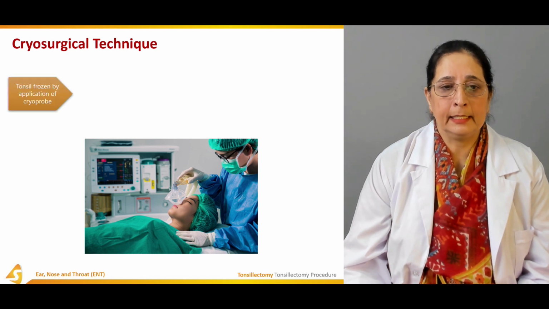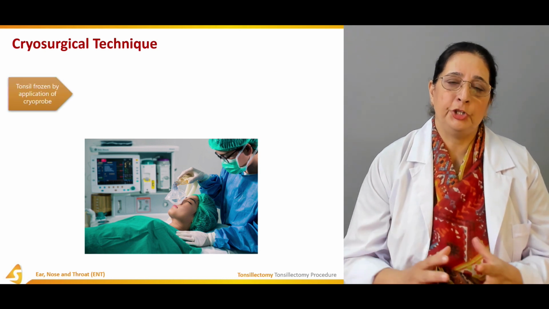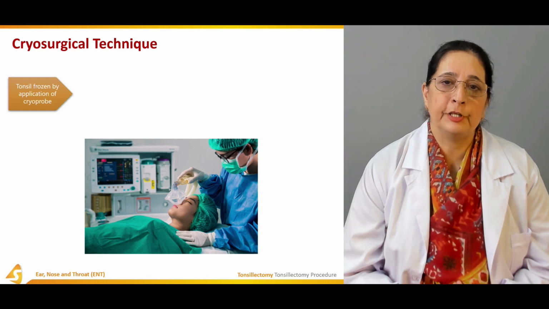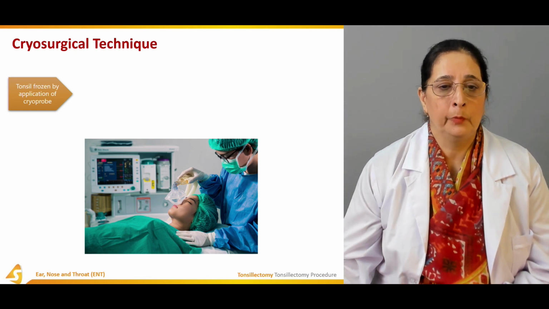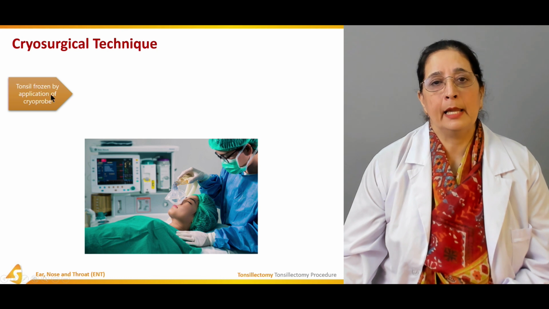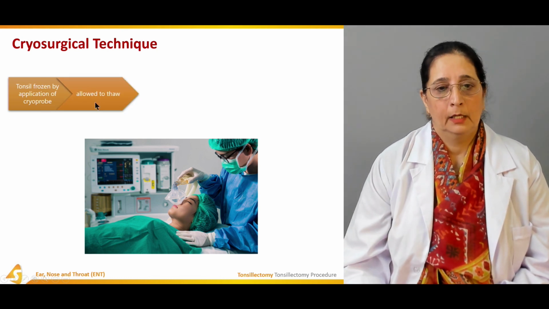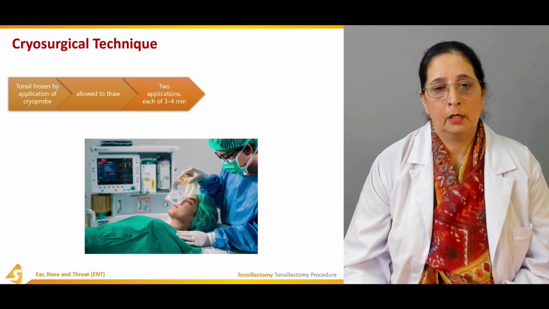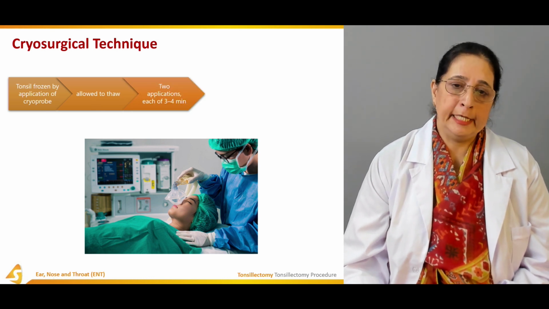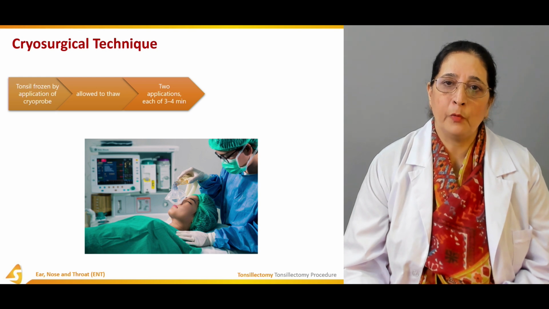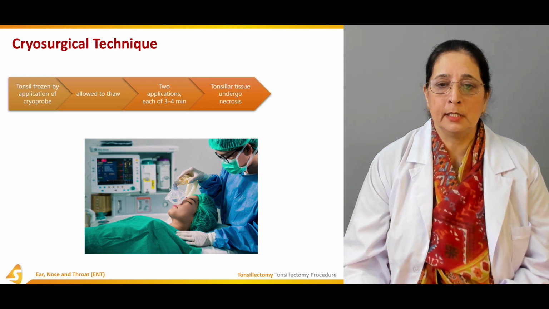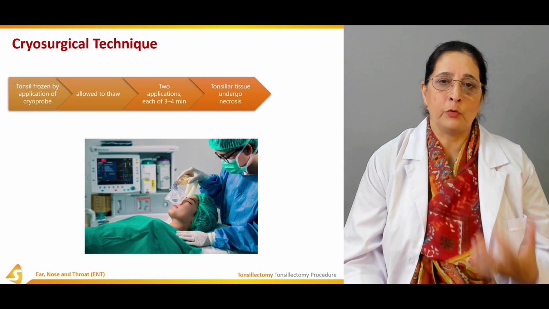Cryosurgical technique, again, is the application of cold, frozen temperature to the tissue. The tonsil is frozen by application of a cryo probe and allowed to thaw. Two applications, each of 3 to 4 minutes, are done. Tonsillar tissue undergoes necrosis.